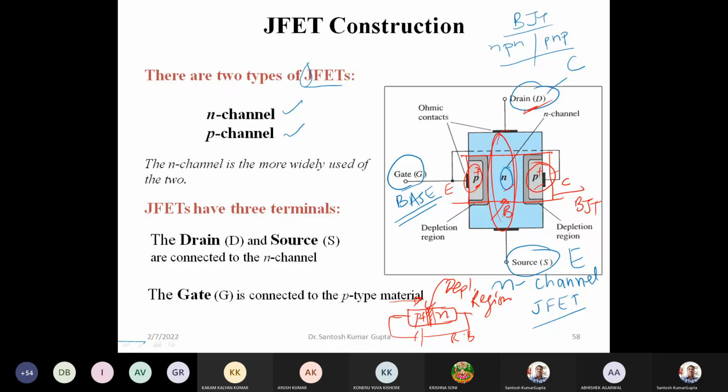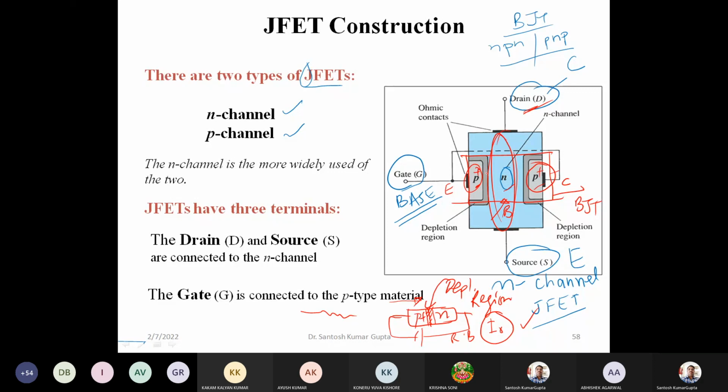Only the reverse saturation current may be possible. No other current will flow through it. This reverse saturation current is quite small in magnitude and we can neglect it. So in the reverse bias condition, this offers a very large impedance. That is the situation here at the gate.